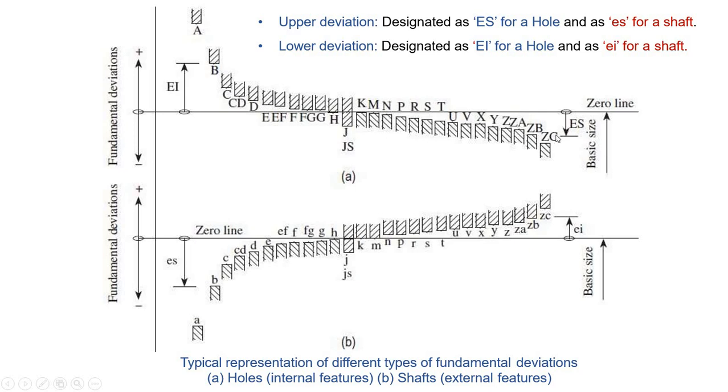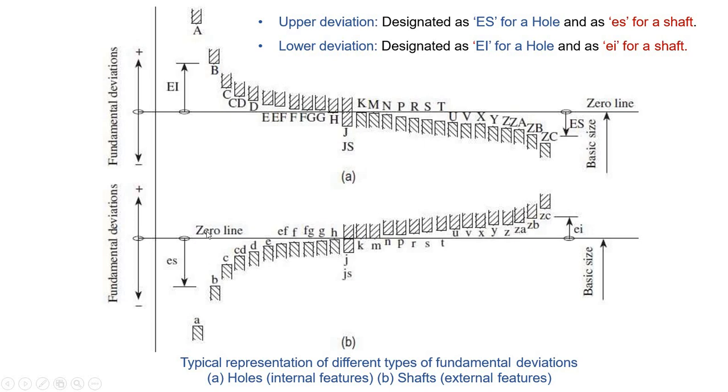From A to ZC, several types of tolerance zones are indicated on this diagram. Similarly for the shaft, if you are mating this A with the A, you can see that the fundamental deviation is above the zero line and this A tolerance zone is below the zero line.